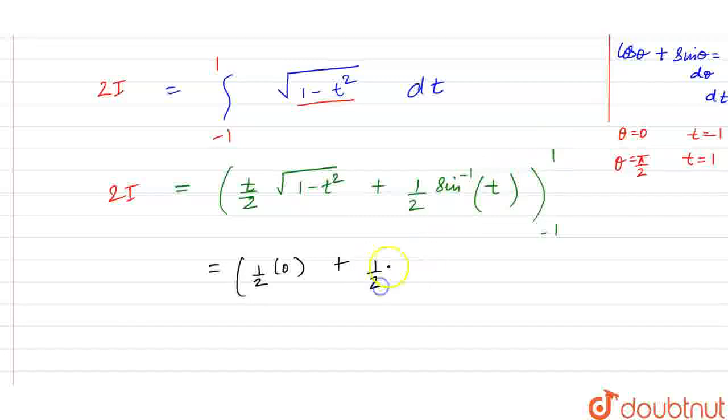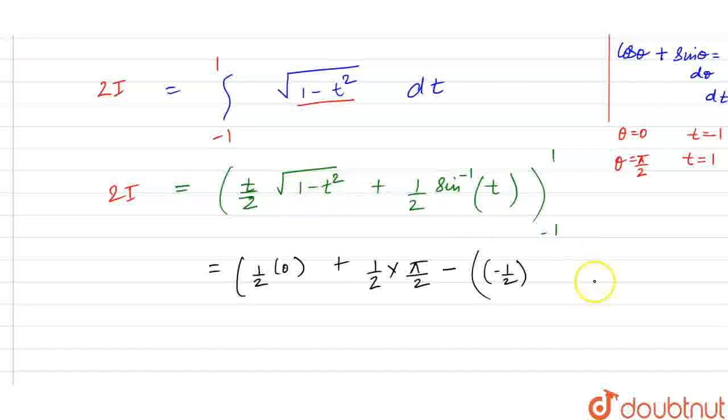So we have 1 by 2 into pi by 2, and minus of, for the lower limit, minus 1 by 2 and minus 1 whole square, that is 1 only because it's square.